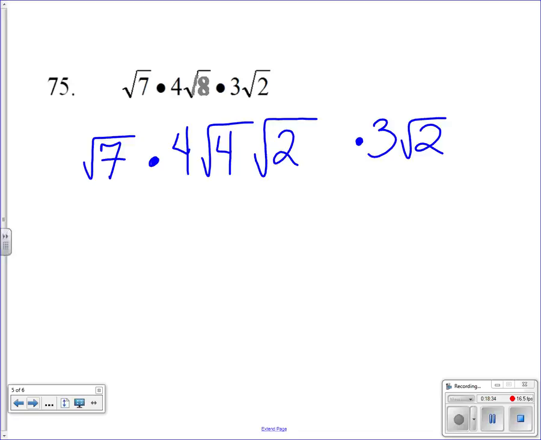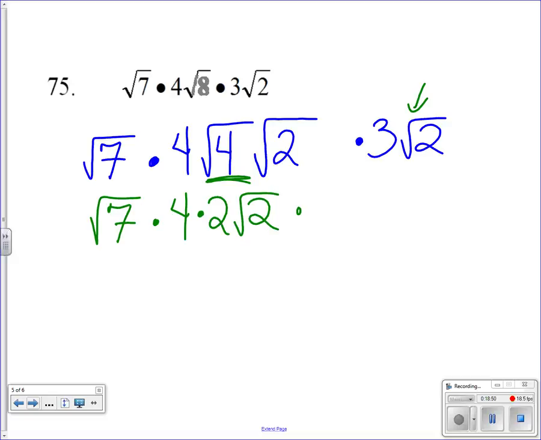Simplifying this further, the square root of 4, that good one, is just 2. Square root of 2 times 3 square root of 2. In which case we end up with the square root of 7 times 4 times 2 is just 8 root 2 times 3 root 2.